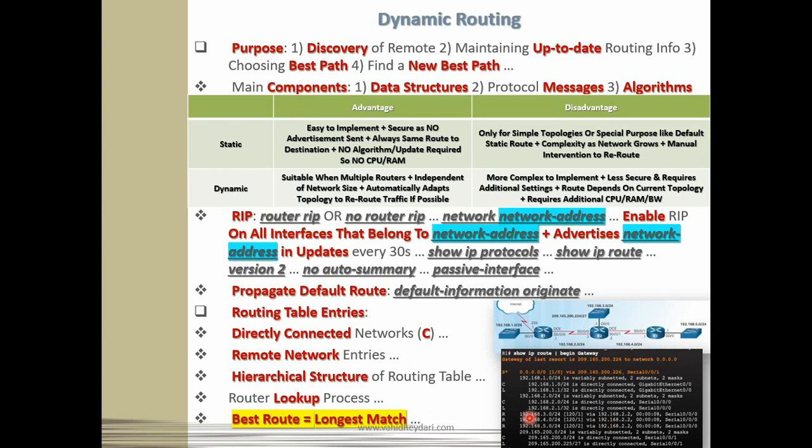We have also the quad 0 network here, the default route, a static route with the address 0.0.0.0/0. This is also considered a level 1 route, of course.